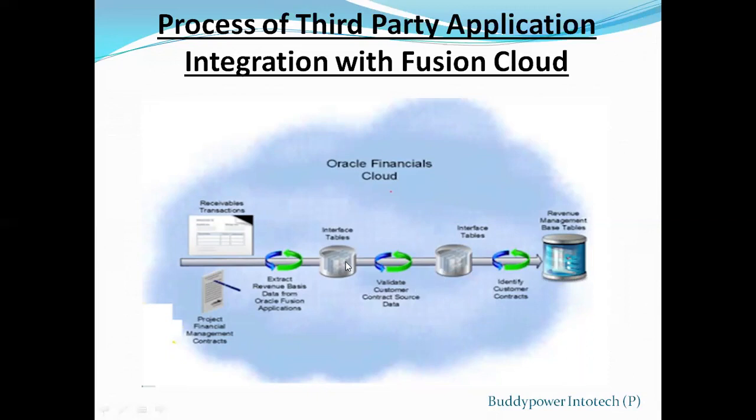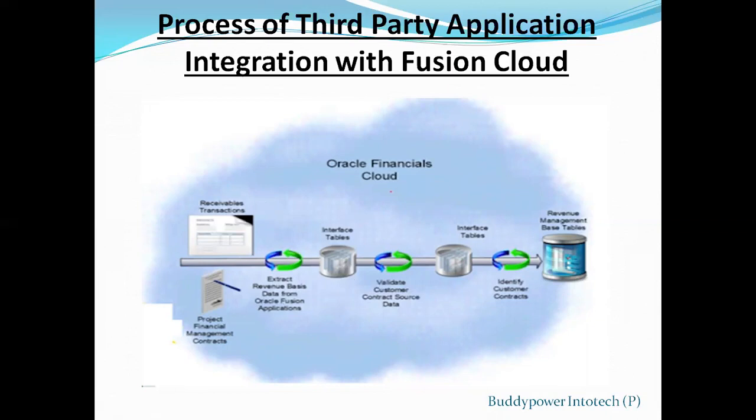Basically, it's a predefined process called extract and revenue. The data from Oracle Fusion applications will extract data from other modules and populate the interface tables. Populate means it furnishes. Now, what do you mean by interface tables? They are intermediate tables into which the data is inserted first.